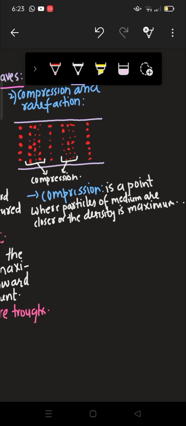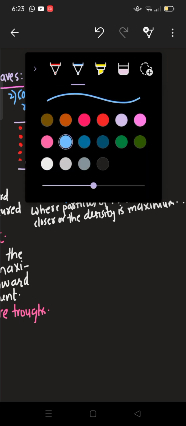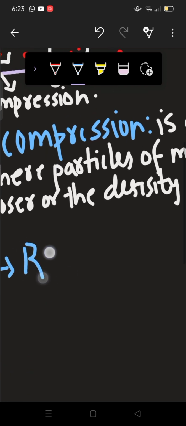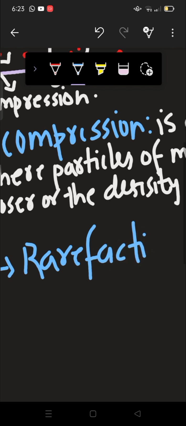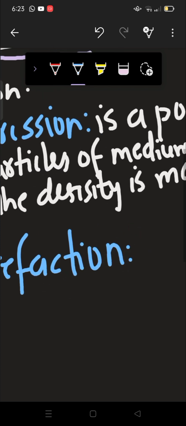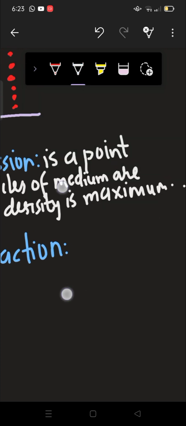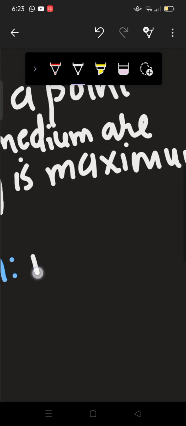So now let's go towards the second one, which is the rarefaction. So what is rarefaction? Not fraction but faction. Let me write here first.